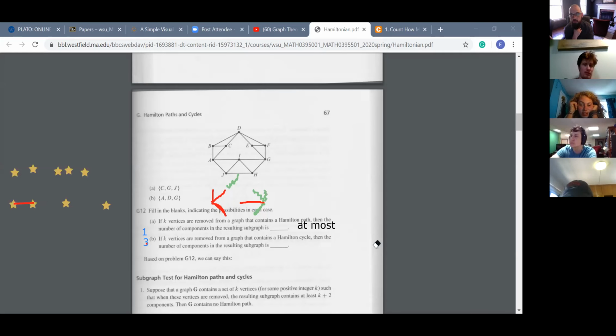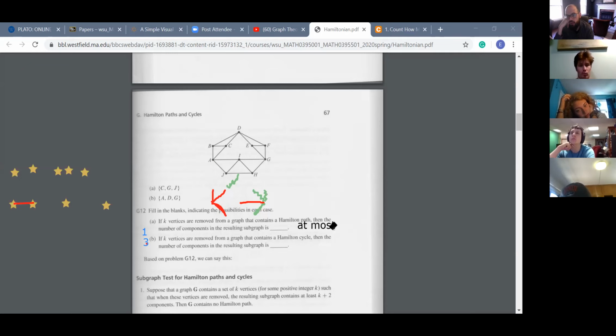n minus k, right? At most. n minus k minus 1? That's for a cycle. Well, that's the most it could be if it was a Hamiltonian path. So it'd be n minus k. It could be n minus k, but that's only when k is really big, right?